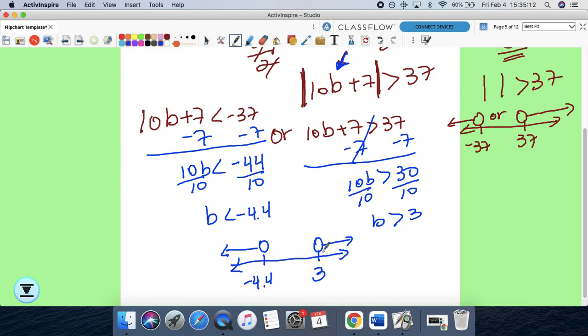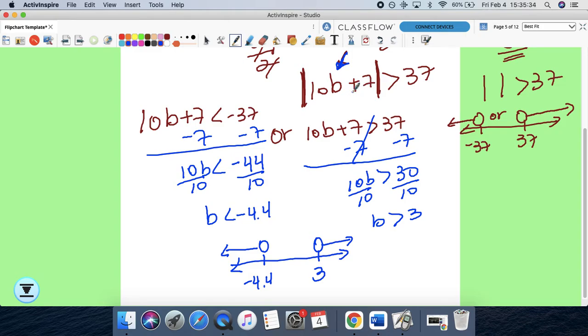Well, pick a number to the right of 3. Let's pick 5. 10 times 5 is 50. 50 plus 7 is 57. And the absolute value of 57 is definitely greater than 37. So that's proof that numbers to the right of 3 work. Now let's pick a number to the left of negative 4.4. Let's pick negative 10. Negative 10 times 10 is negative 100. Negative 100 plus 7 is negative 93.